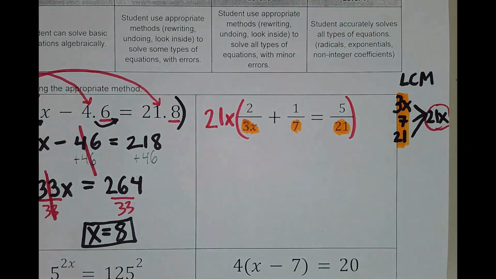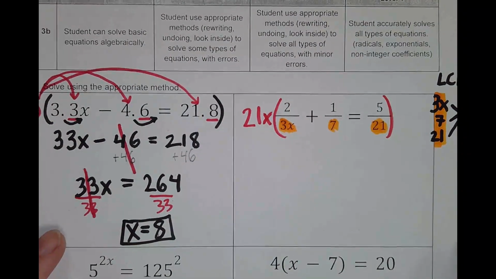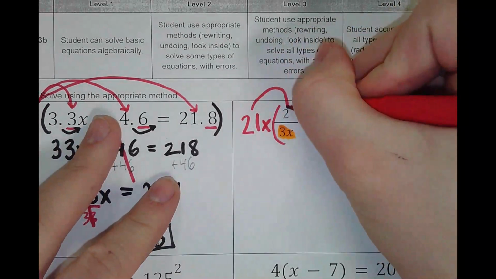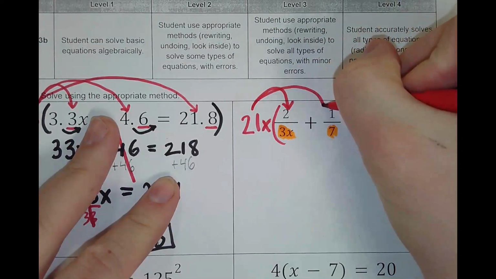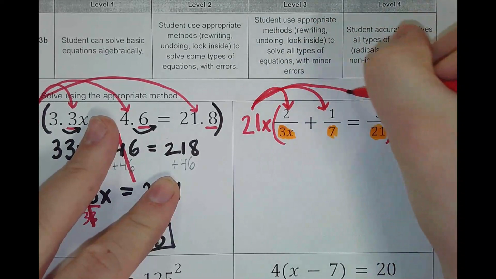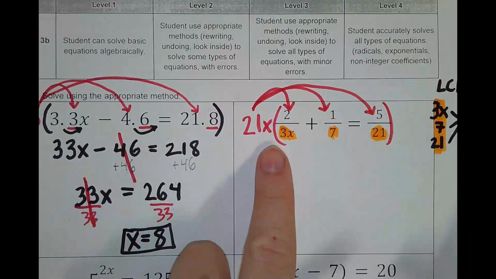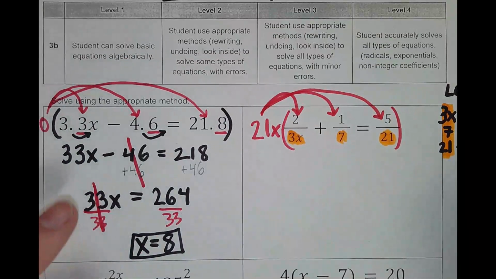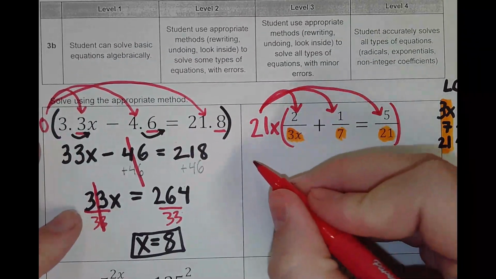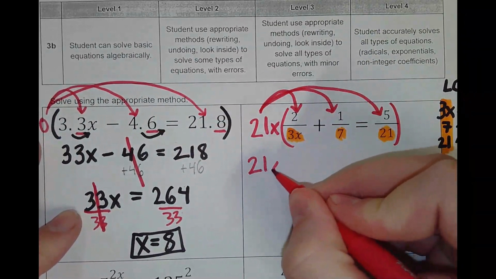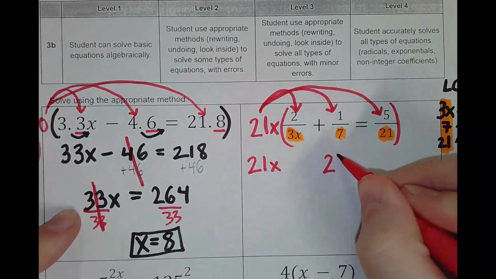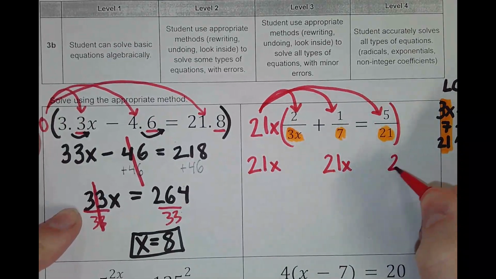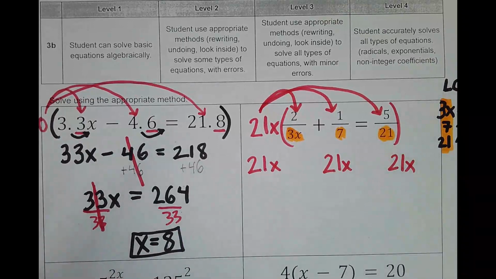In class, we've been showing one of the best ways to show our work here is to draw these arrows. It reminds you that whatever you do to one term, you have to do to all terms on both sides because of the distributive property. So I'm going to write down 21x 3 times because of the distributive property.